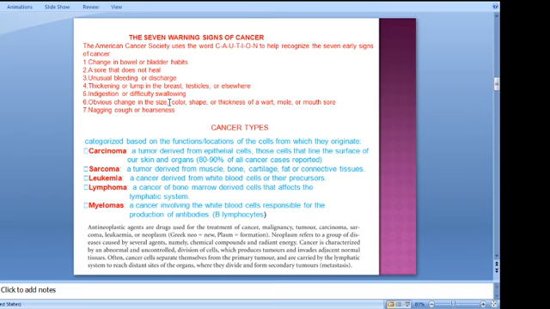Here we are going to discuss antineoplastic agents or antineoplastic drugs that are used for the treatment of cancer, malignancy, tumor, carcinoma, leukemia, or neoplasm, whatever it may be. Neoplasm is obtained from the Greek word: neo means new, plasm is formation, so new formation.